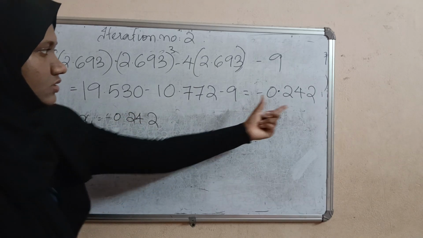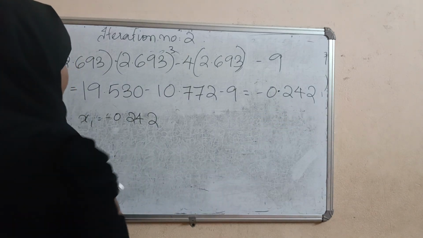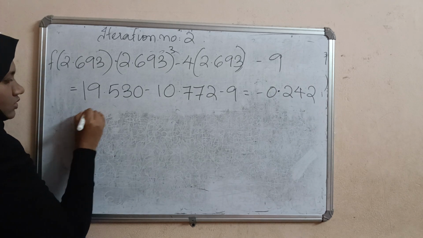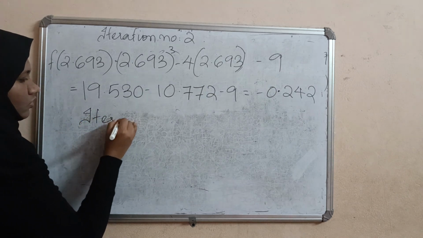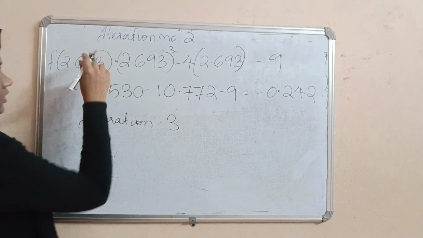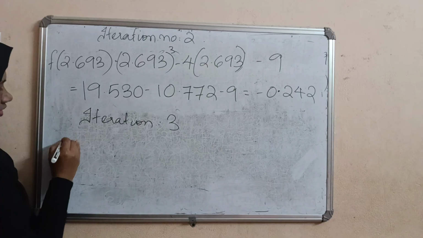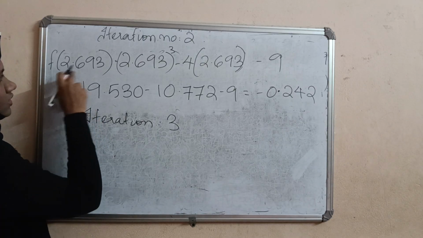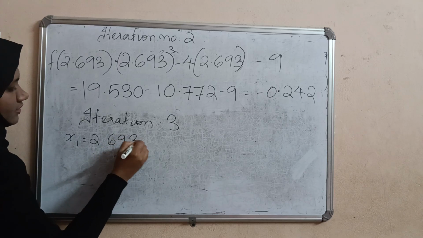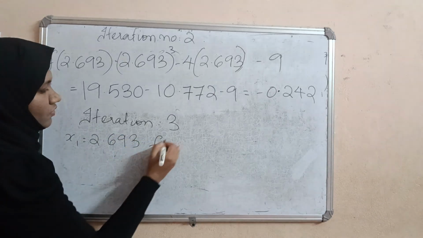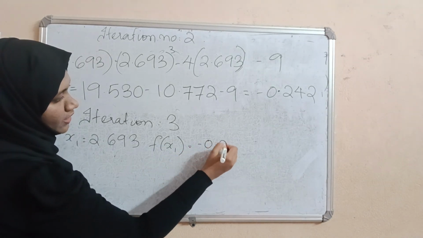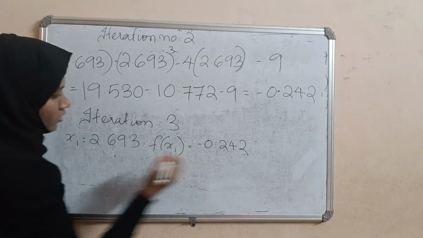So let's say iteration number 3. Our new x1 is 2.693, f of x1 is this one, minus 0.242.